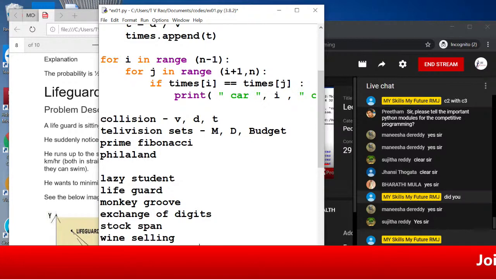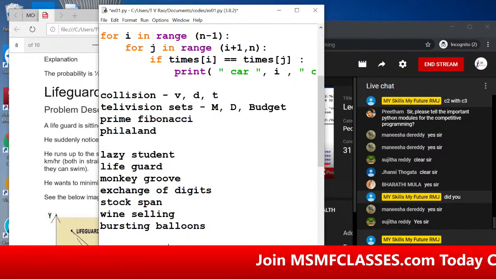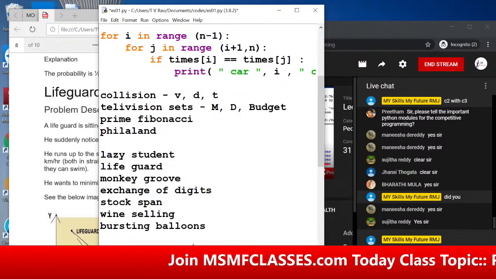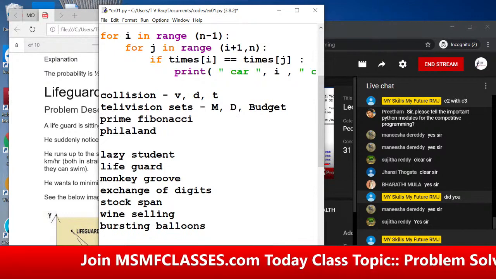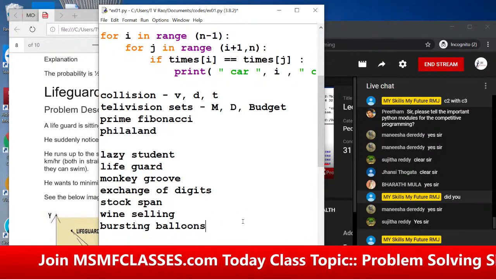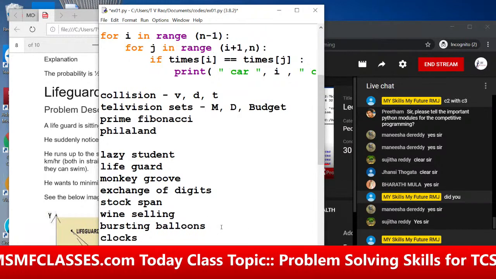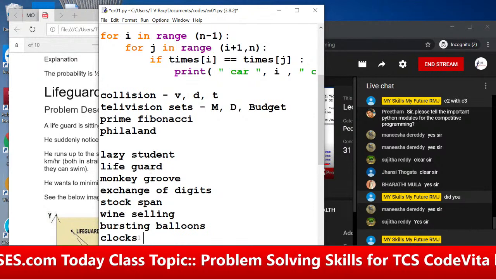Okay, in the next few days, maybe in the next 2-3 days, using the concepts of dynamic programming, memoization and recursion. Okay, we also do the clocks problem. Say 1, 2, 3, 4, 5, 6, 7, 8 in the next 2-3 days.